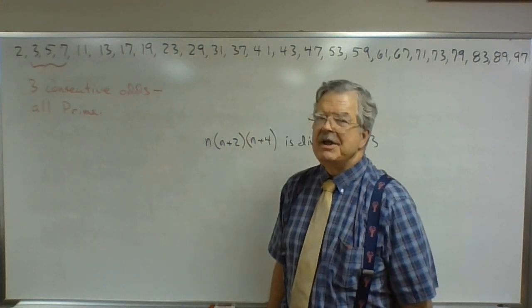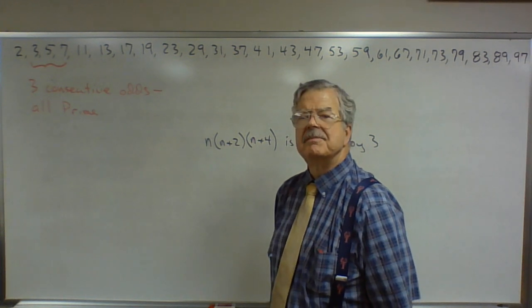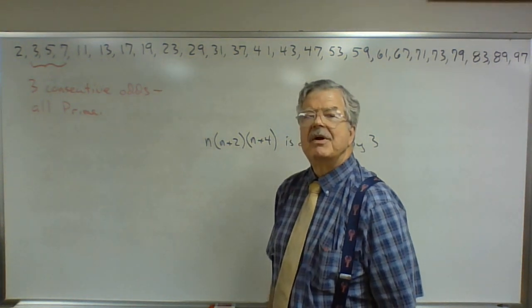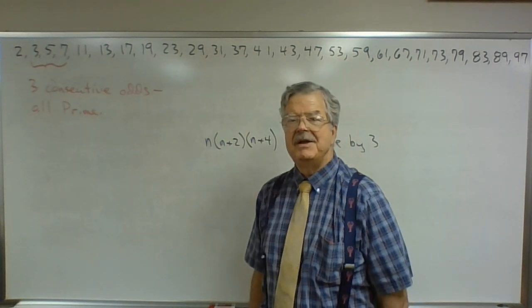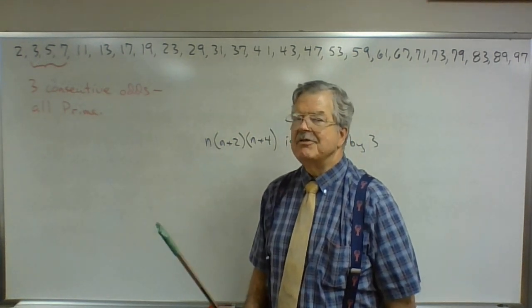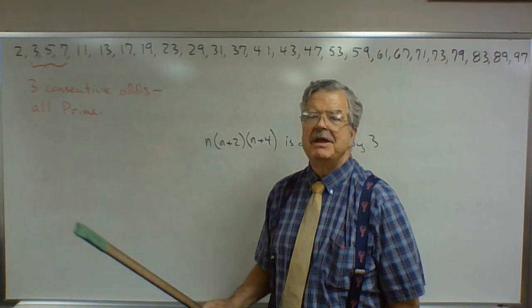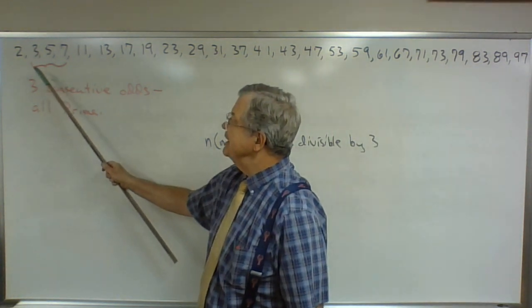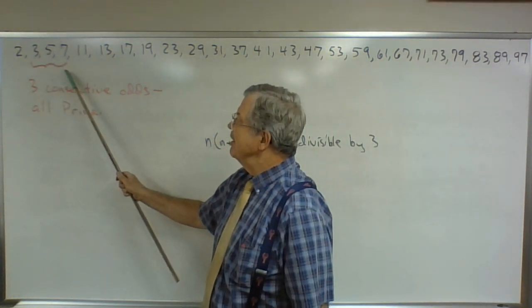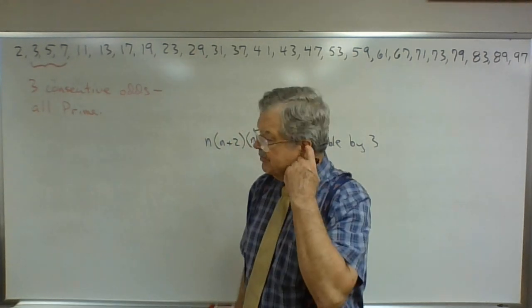Any other trio of 3 consecutive odd numbers is going to have one of those odd numbers being divisible by 3, and the odd number that's divisible by 3 won't be equal to 3. It will be composite. So this is the only case where we can have 3 consecutive odd numbers, all of which are prime.